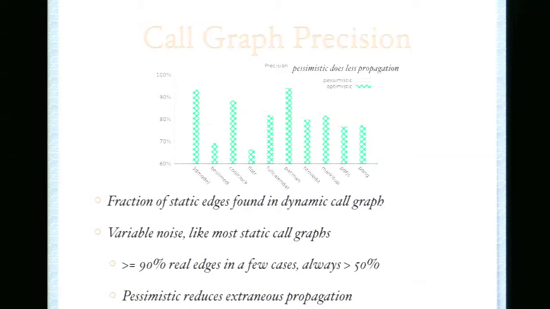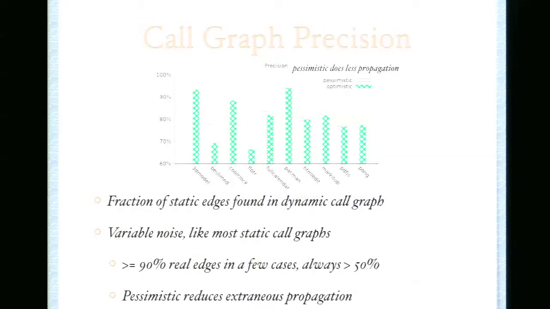So let's see. The first thing we measured is call graph precision. And this is something that an analysis person would traditionally be interested in, which is, of the edges I think are in the call graph, how many really are possible? And as with much analysis research, we're approximating what might be possible with runtime measurements, dynamic measurements, because those exist.